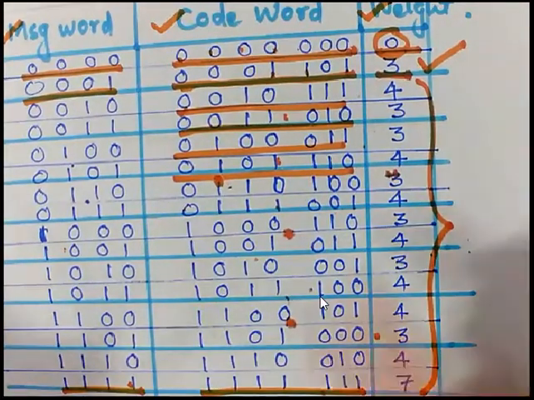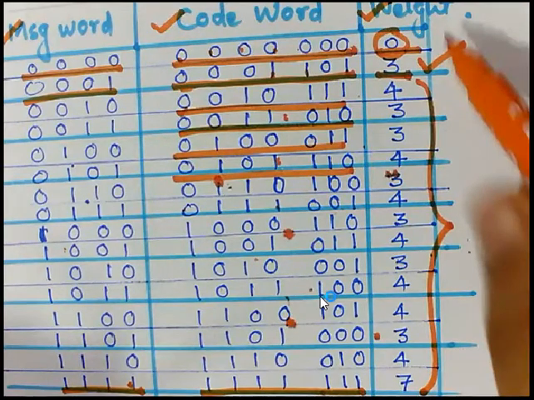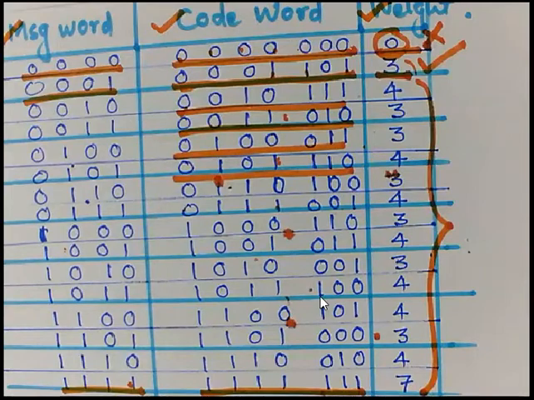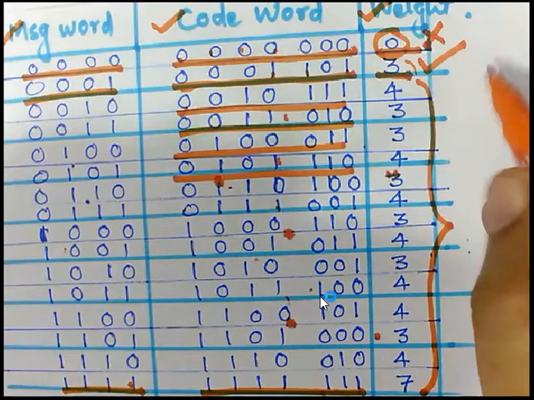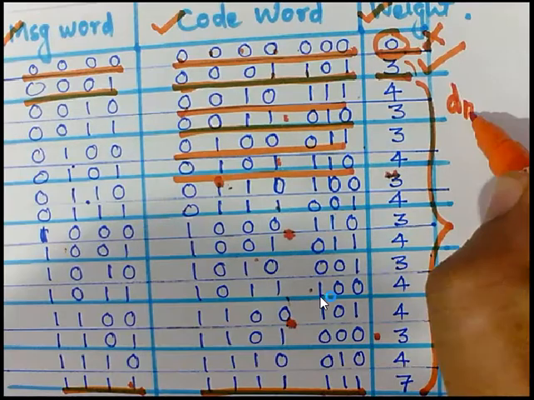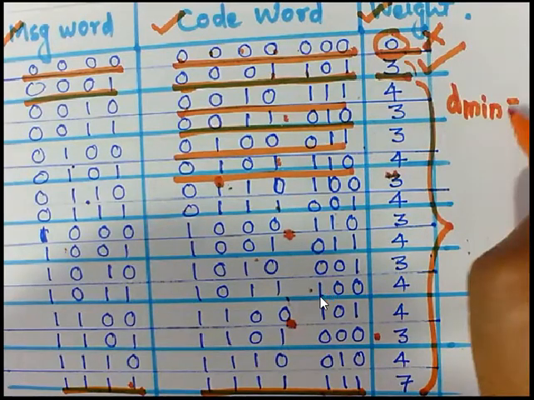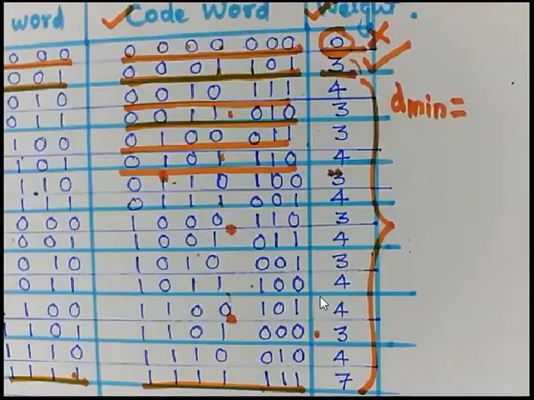Now out of these code words, except 0, whatever minimum value we calculate acts as dmin. So let me write here dmin. What is the value of dmin for this particular table, except 0?